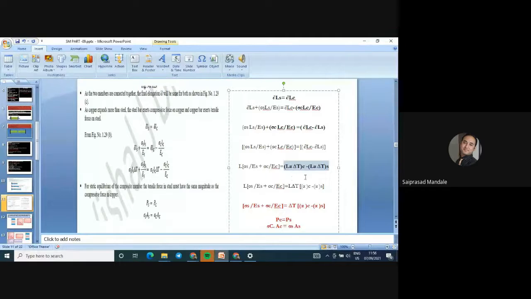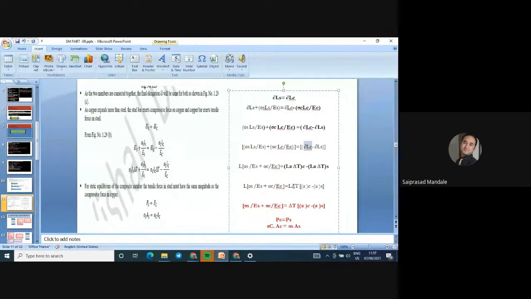This term comes from delta LC and delta L of S, which are the free expansion due to the temperature difference. And how are we calculating the free expansion? That is L into alpha into delta T. The temperature difference will be the same for both, so delta T will be common and L will be common for both.